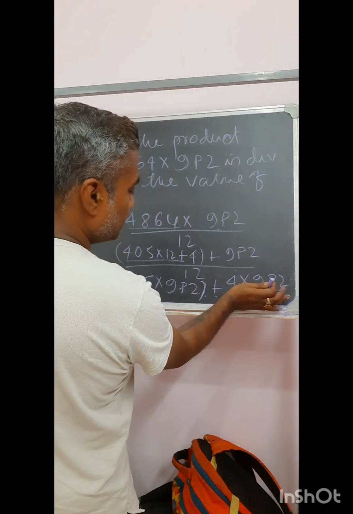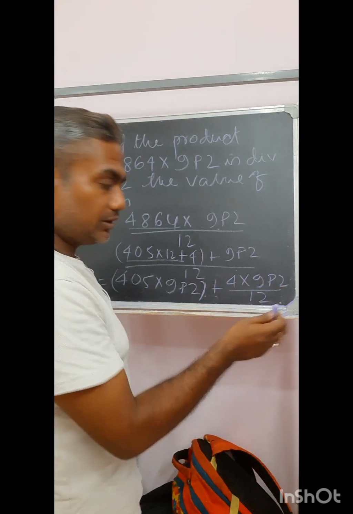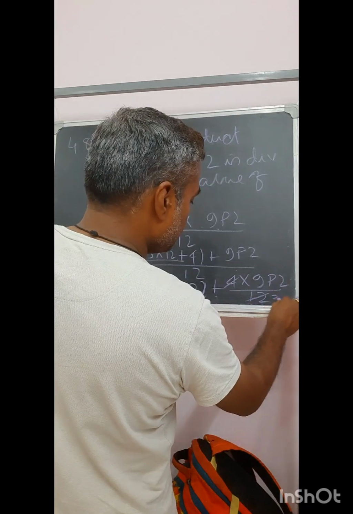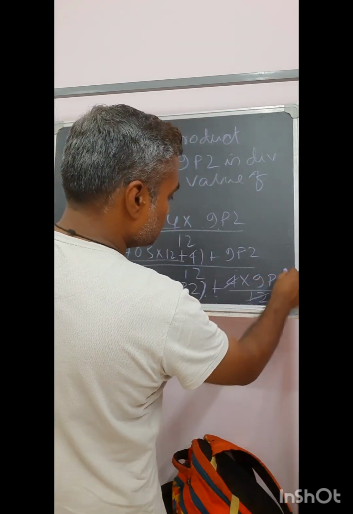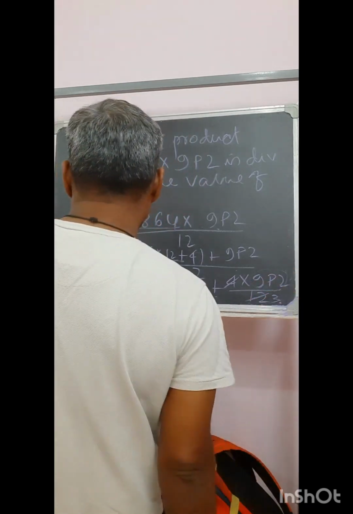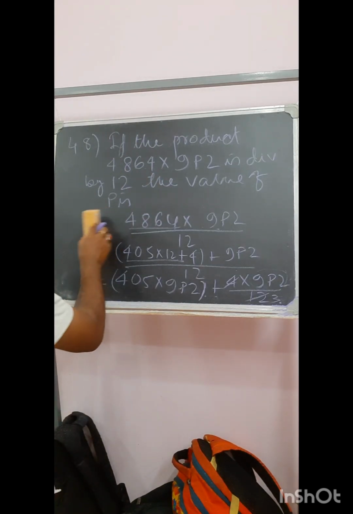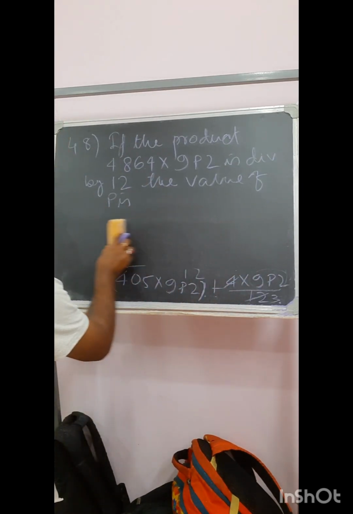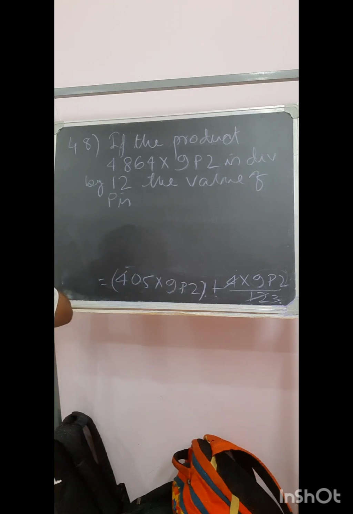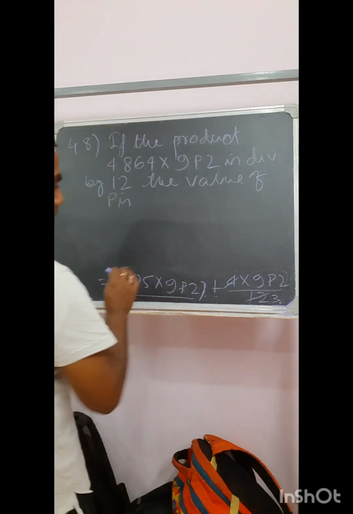Unless it is fully divisible, it cannot be an integer. If I reduce it, I can say 9p2 has to be divisible by 3. Up to this I can conclude. Then I would work only on the second part, because the first part has no problem, as it is already an integer.